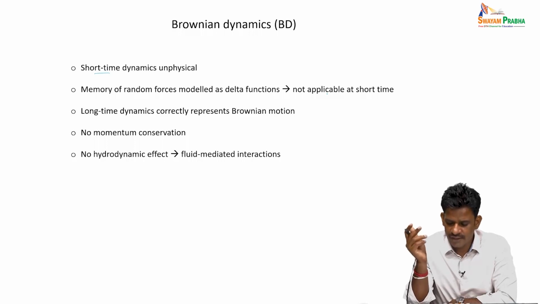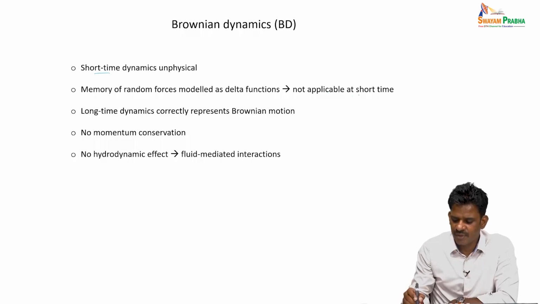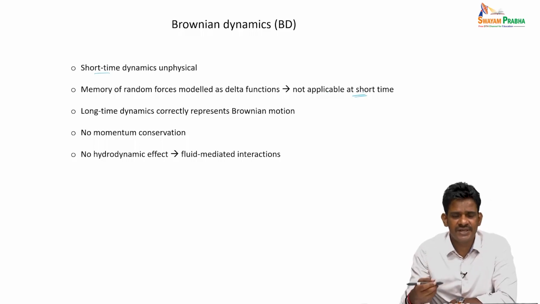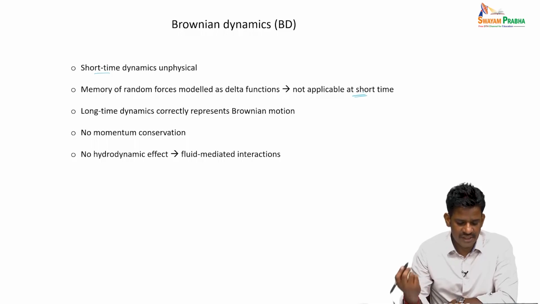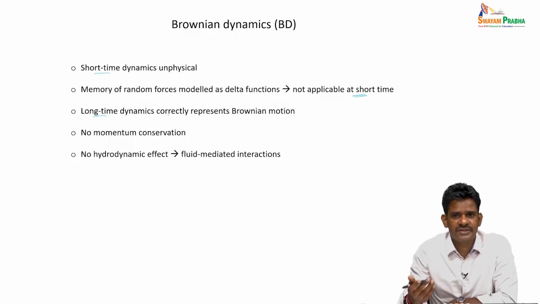Now, if you look at very short time scale processes, such an assumption may not be valid anymore. That is the physical reason why Brownian dynamics does not give a physically realistic trajectory for very short times. On the other hand, if you are worried only about the long time dynamics, then Langevin dynamics gives a correct description of the system.